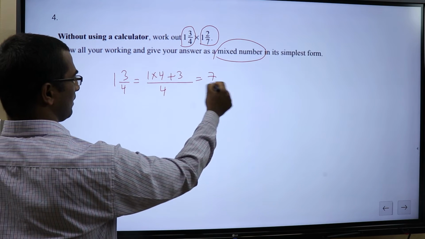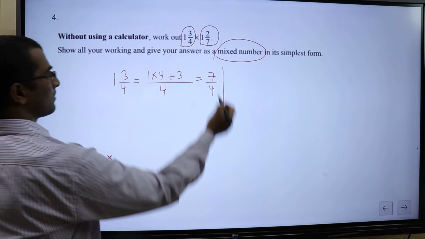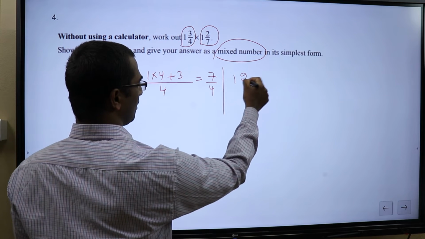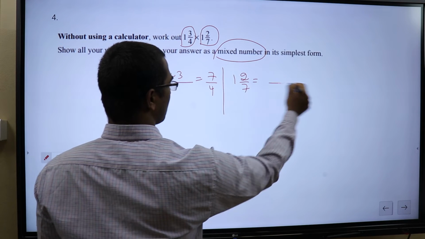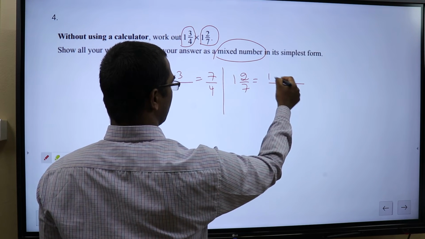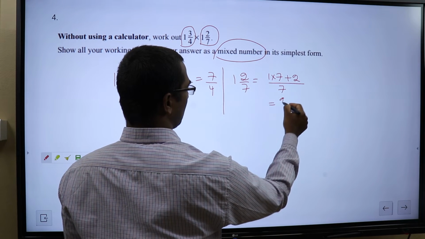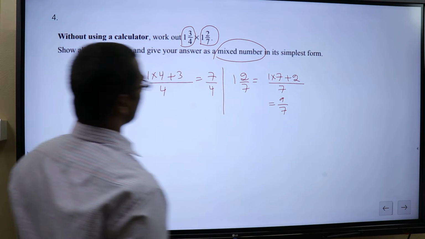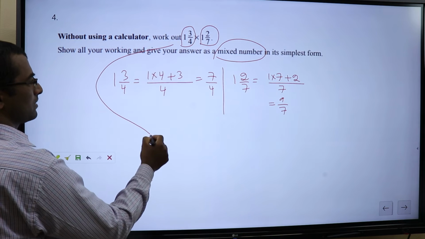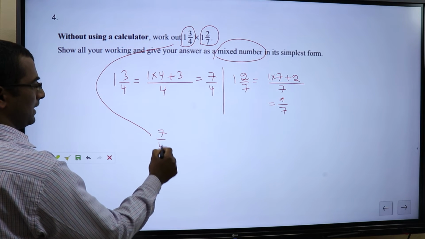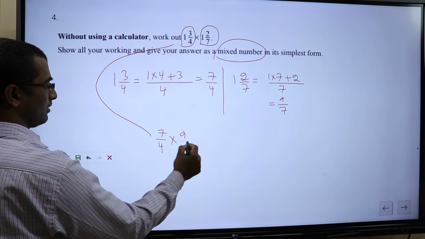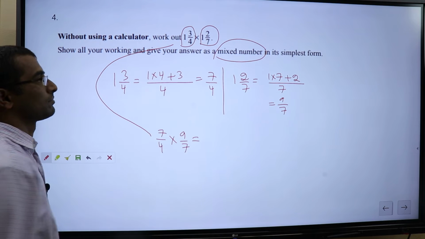That is equal to 7/4. Now 1 2/7 will become how much? 7 here, and here 1 × 7 + 2, that is equal to 9/7. Okay, so now this becomes 7/4 × 9/7.